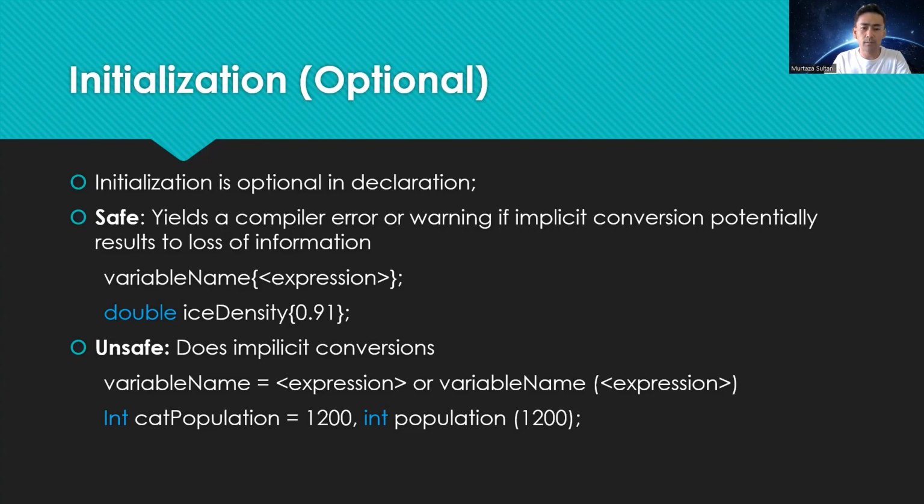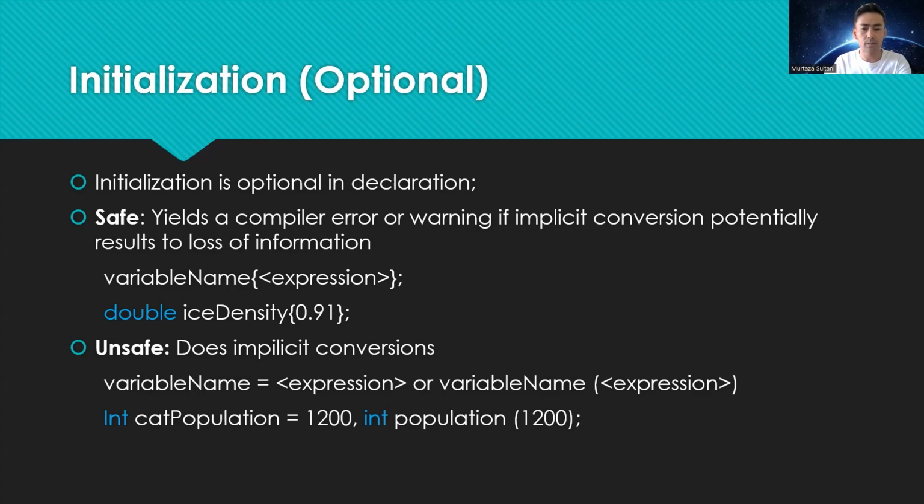The form is variable name, brackets, expression. For example, double ice density in brackets 0.91, so the density of ice is initialized with a value of 0.91.